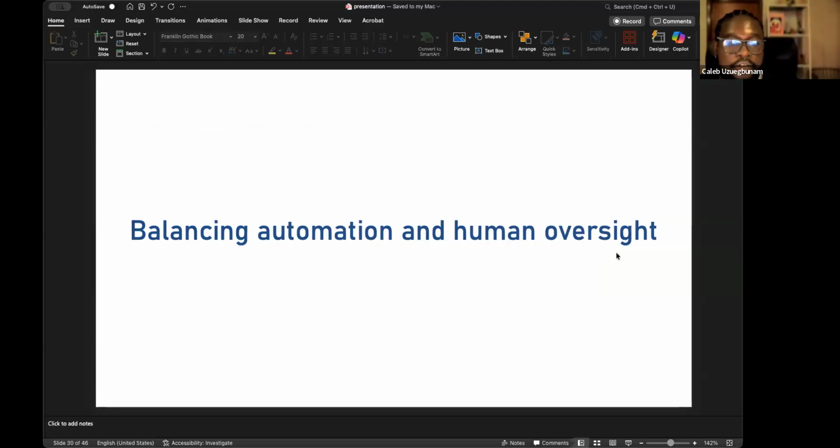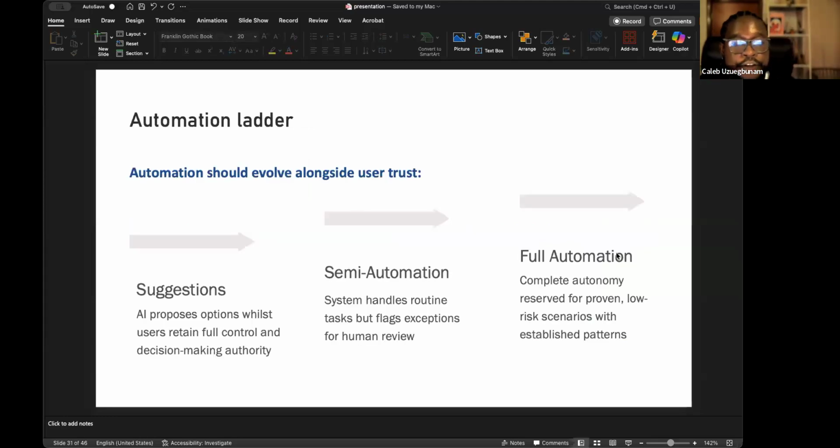And finally, balancing automation and human oversight. Automation should evolve alongside user trust. And this is a very important conversation, because usually we would try to automate things very quickly because we think that's efficient, but usually it's important to try things out, especially again with non-deterministic systems, with LLMs.